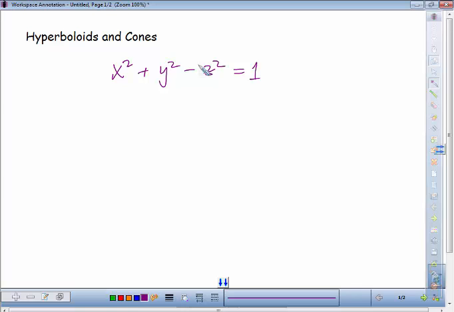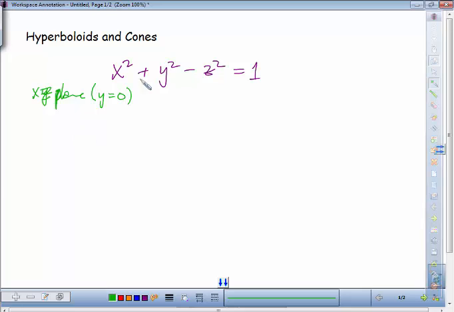So let's take the same approach here. Let's start with the xz plane. That's when y is equal to 0. So let's see how this looks when y is equal to 0.